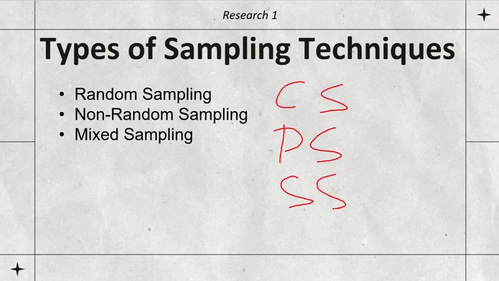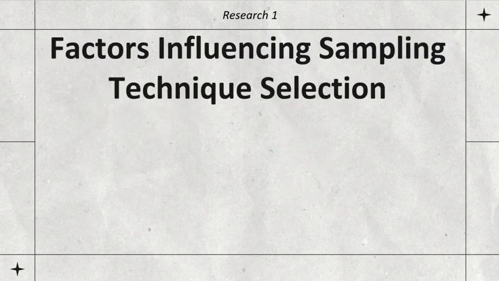Okay, and lastly, for the other type of sampling technique, we have mixed sampling, a mixture of random sampling and non-random sampling. Now let's proceed to the factors influencing sampling technique selection. So first is the population size. Larger populations may require different sampling techniques than smaller ones.